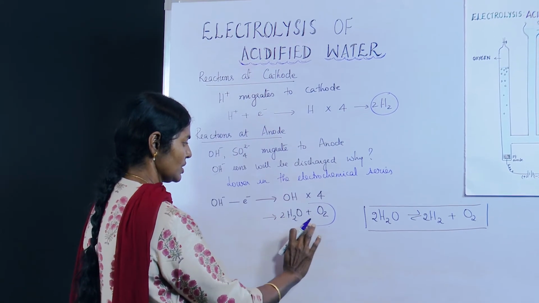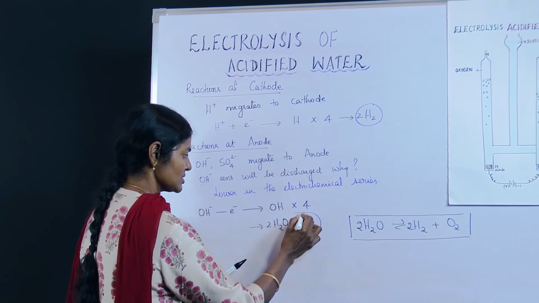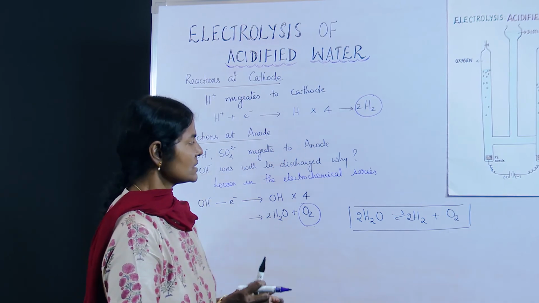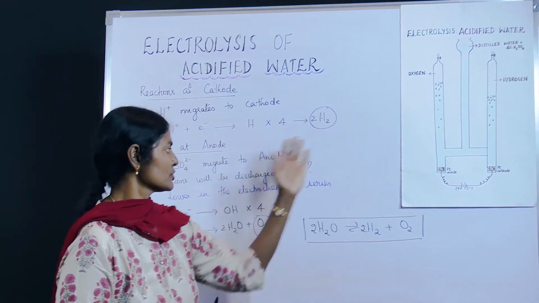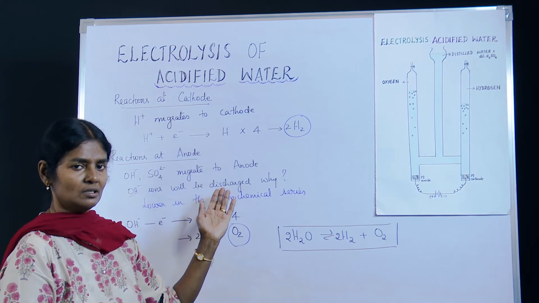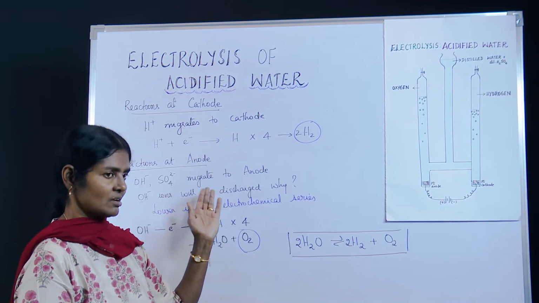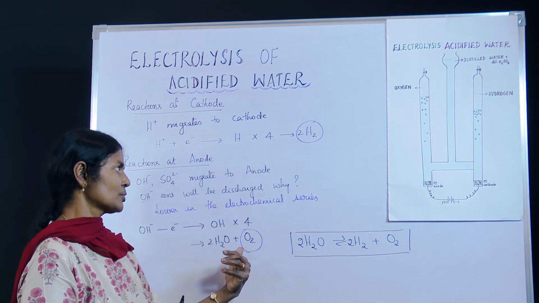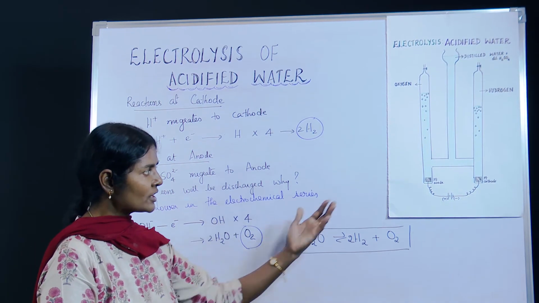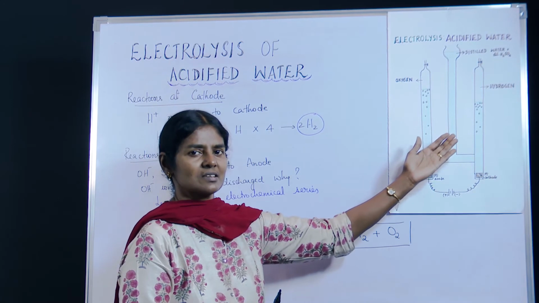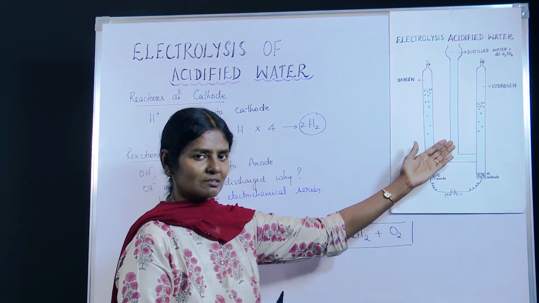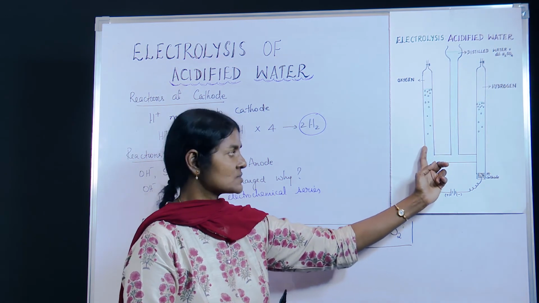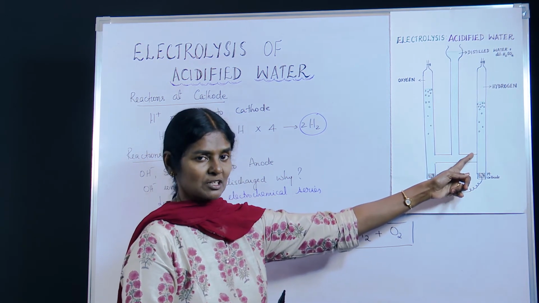Alright, so now we move on to the products of this electrolysis. So what happens is, as we add this dilute sulfuric acid to this pure distilled water, because it is a non-electrolyte, it becomes an electrolyte, breaks down, and these are the products that are formed. Slowly as the time goes by, say after about 30 or 40 minutes, you can see bubbles rising up in the 2 arms of this Hofmann's voltameter.